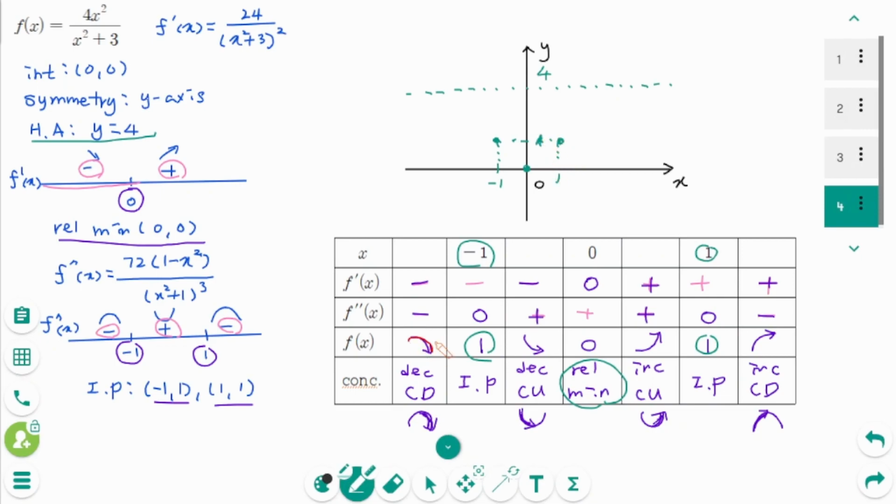Then decreasing and concave down, decreasing concave up, increasing concave up, increasing concave down. Then this is the graph of y equals 4x squared over x squared plus 3.